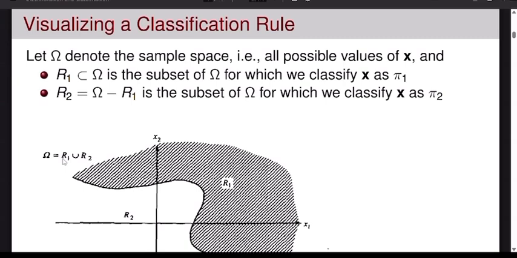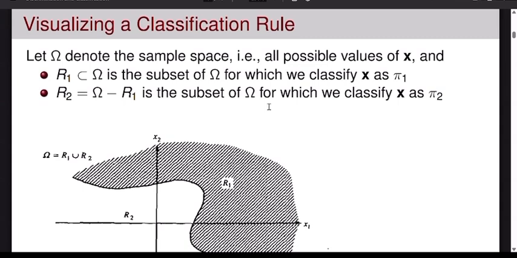R1 union R2, of course, union in math means the collection of elements in a particular set and the elements in the other set. Here I'm trying to say R1 is a subset of omega, the subset of omega for which we classify a particular predictor into group one.